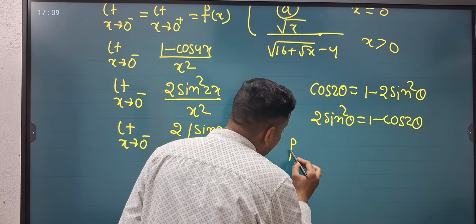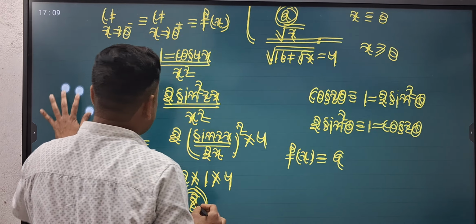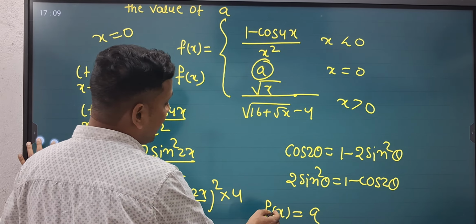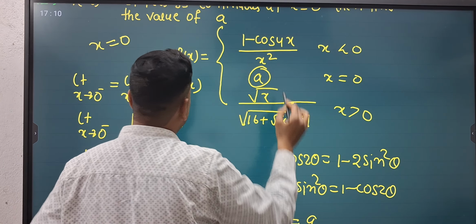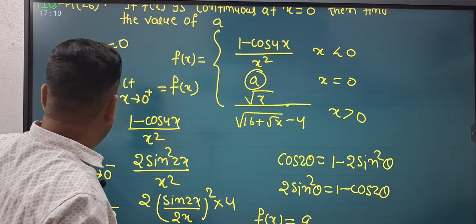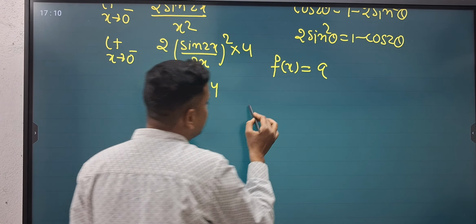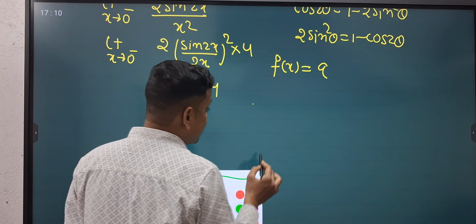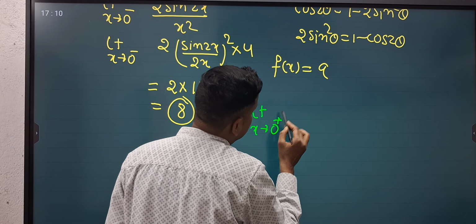And you know that the functional value will be f(x) equals a. Why? Because if you put the value of x as 0, you will get the value a. So f(x) will be a. Now I will find the RHL limit. How will I find the RHL limit? RHL limit will be limit x tends to 0 plus.